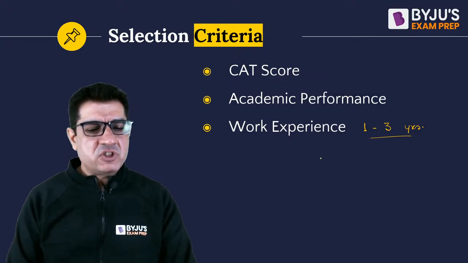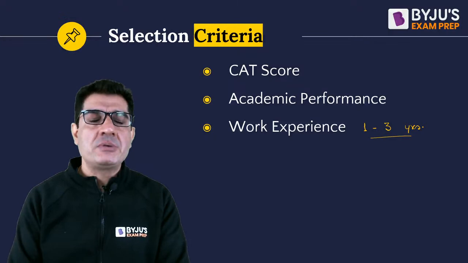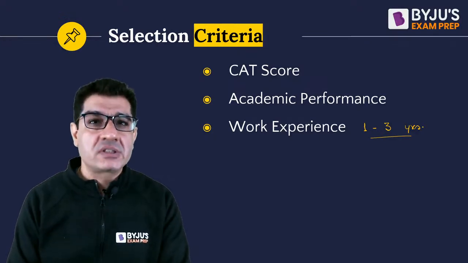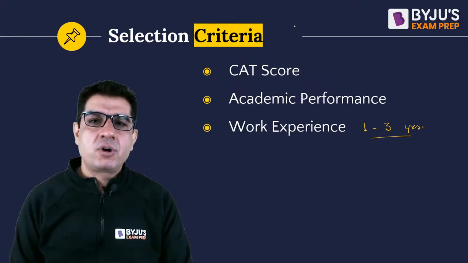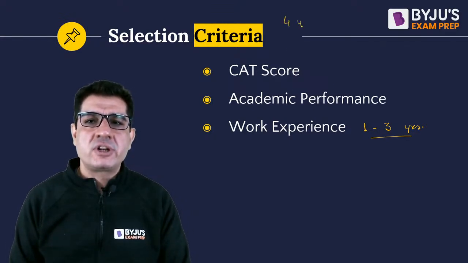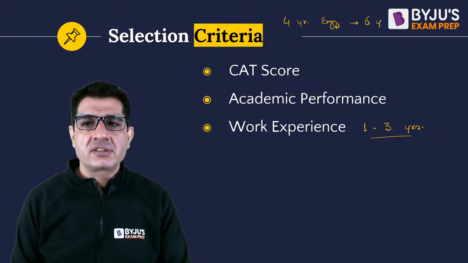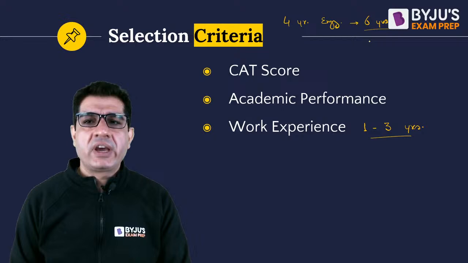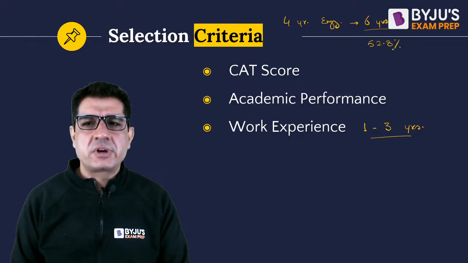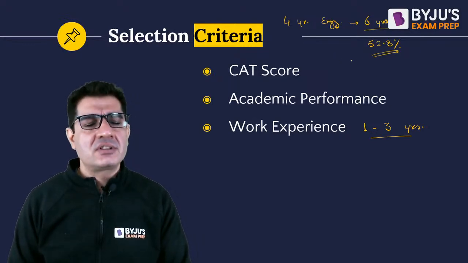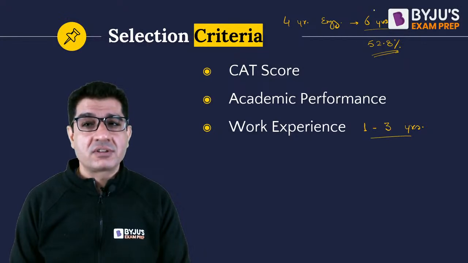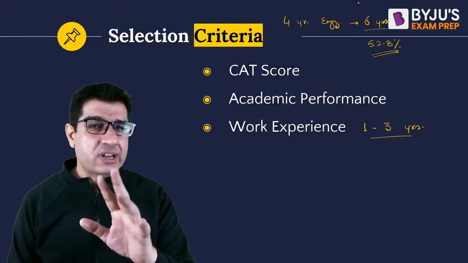Divij, I have seen people with performances worse than yours make it to colleges. I know of somebody who finished his 4-year engineering in 6 years, where he barely scraped through. He had 52.8%, and he had a lot of personal challenges in life, which were not really nice.